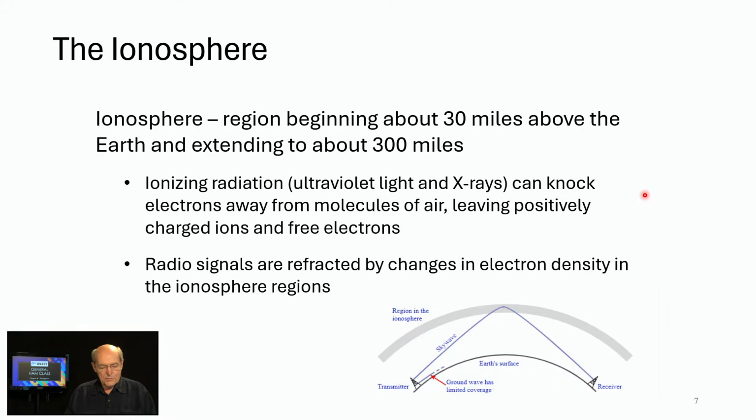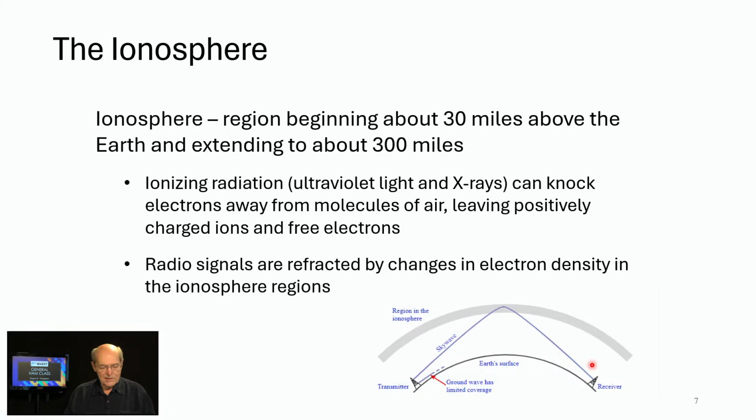The way this works is that these rays coming from the sun have enough power where the photons can actually knock electrons loose from the air molecules within what we're calling the ionosphere. And those loose electrons can then provide current paths for signals to bounce off of.